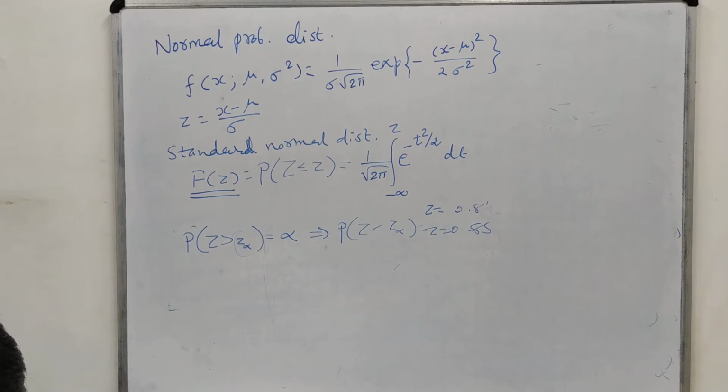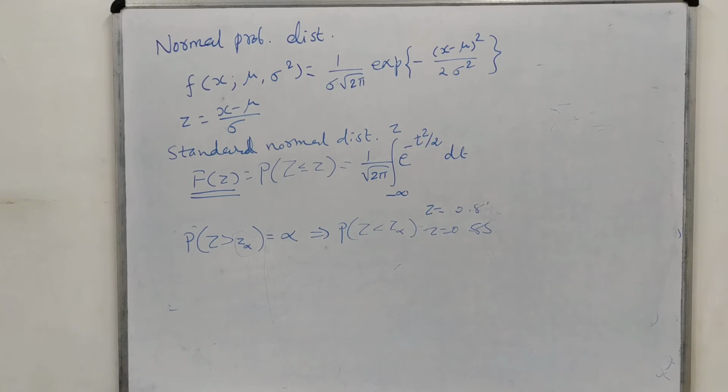Now we proceed further. So you must have understood what z alpha is. In z alpha, alpha is the probability and z alpha means the value of z.